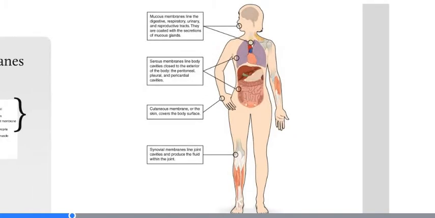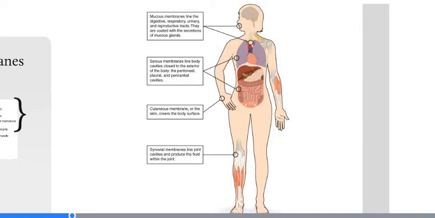This gives an example of where the four types of membranes that we want to consider are located. First, there are mucous membranes, which line the digestive, respiratory, urinary, and reproductive tracts and secrete a substance called mucus.